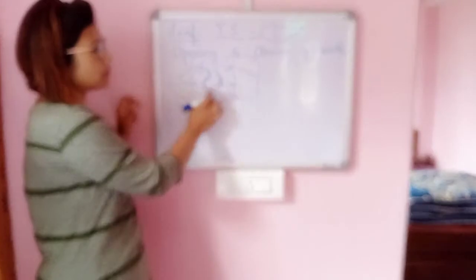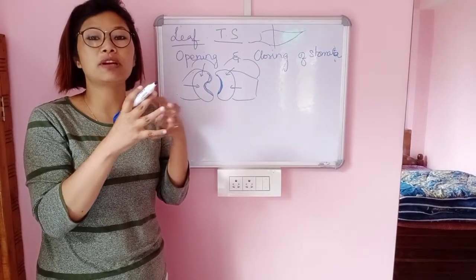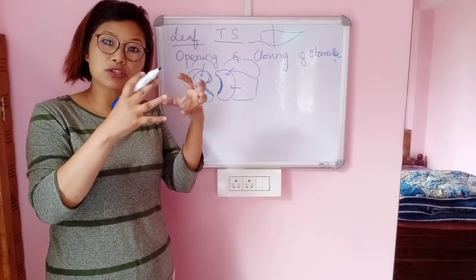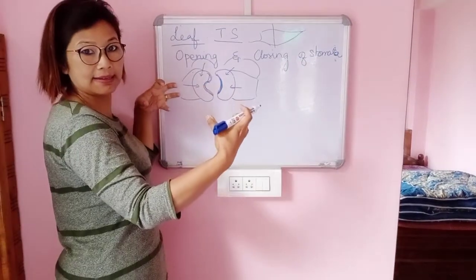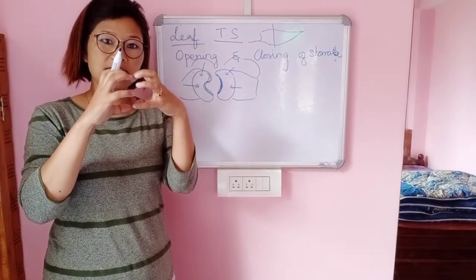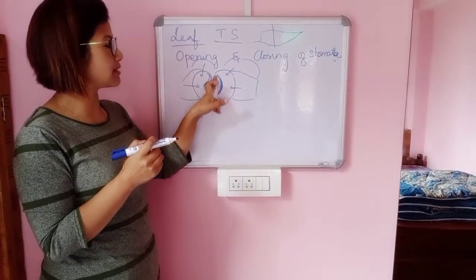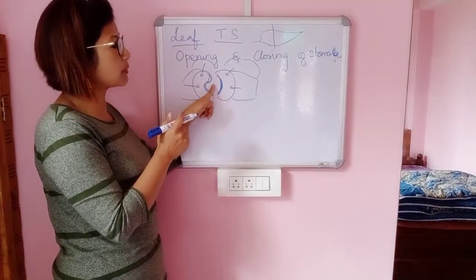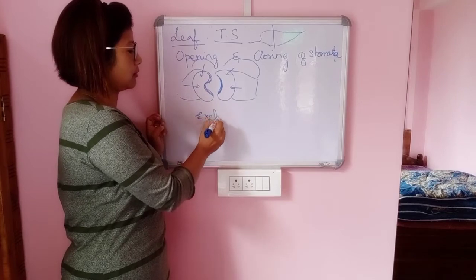When the water enters inside the guard cell, they bulge and become turgid, full. When they become turgid, since the outer part is thin, they pull back and opening of stomata takes place. And since the stomata are open, there is exchange of gases.